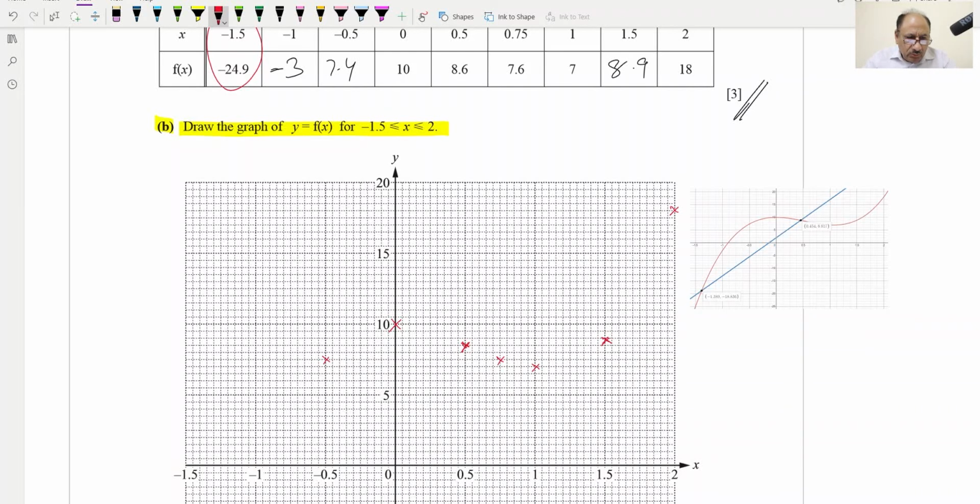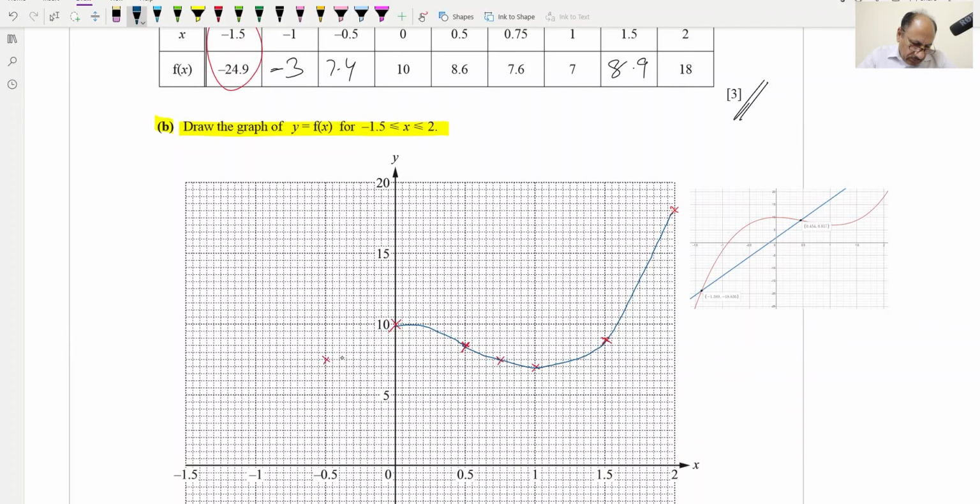Now we need to sketch the graph, basically draw the graph. So drawing the graph, we need to draw a smooth line, and we can draw like this one passing through this, so we can redraw this piece like this.